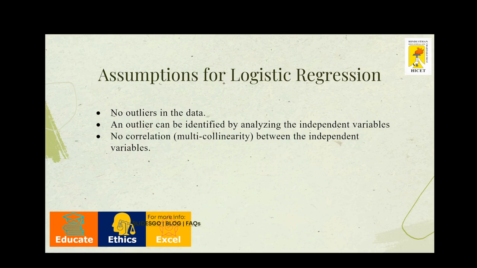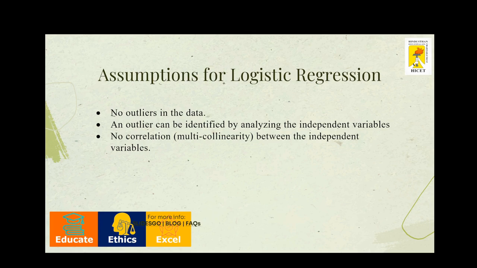So we have to take utmost care that the input variables never contain any outliers. The second important assumption is that there should never be any correlation among the input variables. In general, the data set is categorized into two representations: one is the input data and the other is the target variable or output data. The input data can be a single parameter or multiple parameters put together in a given data set.